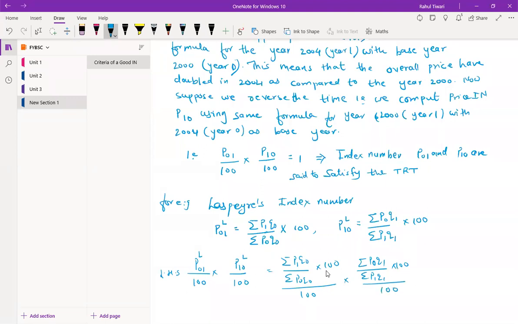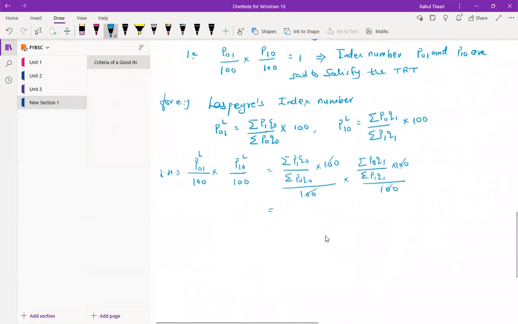divided by 100. This 100 will cancel 100. Is anything getting cancelled here? Nothing. Right? So this would remain as it is. This is not equal to 1.